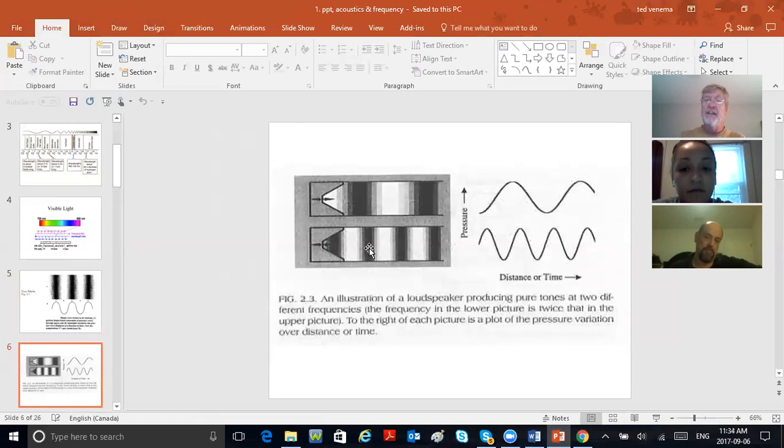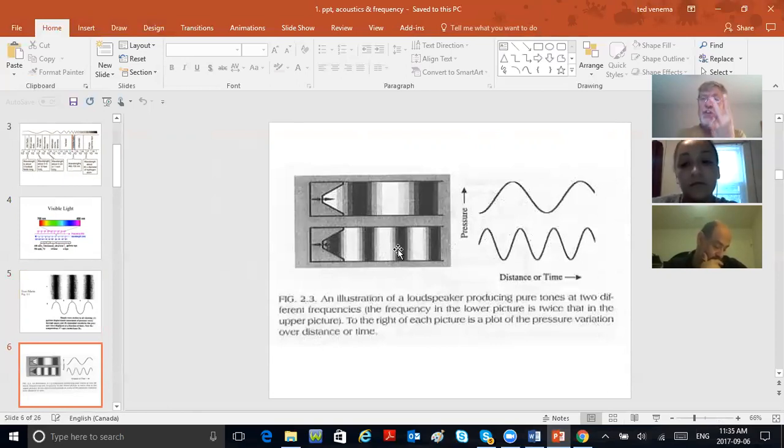Here, the sound is more treble, higher pitched, and so you can see that the wavelength is shorter. What we mean by the wavelength is 1 cycle, 1 condensation, 1 rarefaction, is smaller, shorter. And you can see that here too: condensation, rarefaction, condensation, rarefaction, they're tighter together.